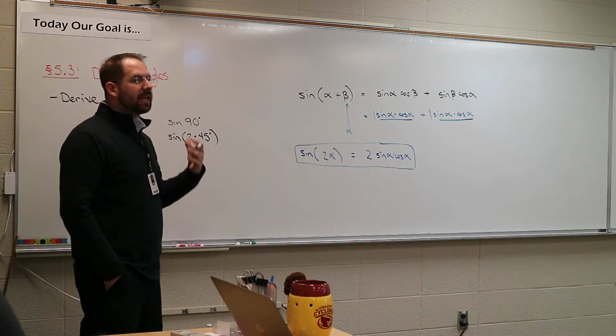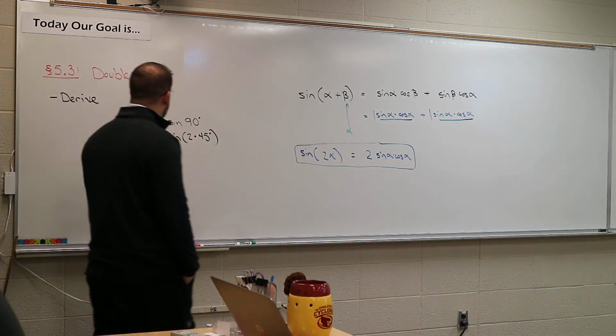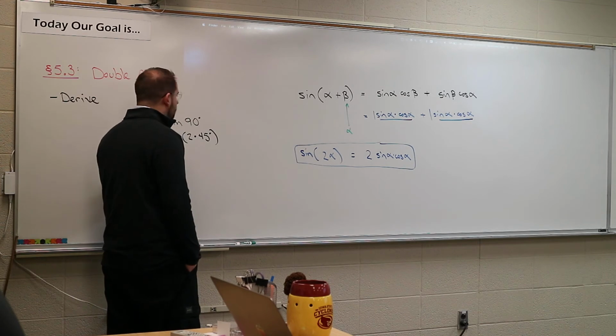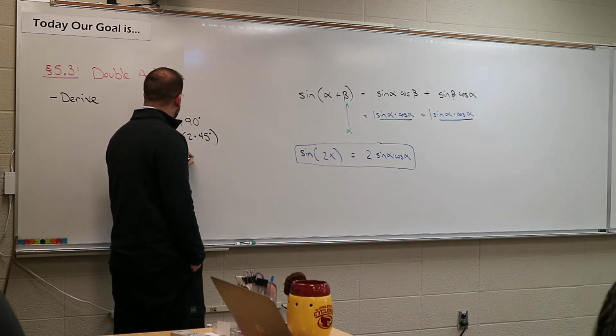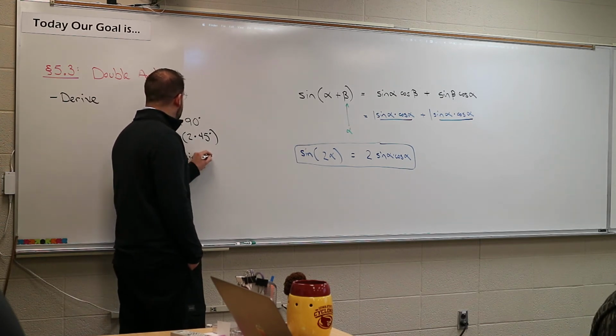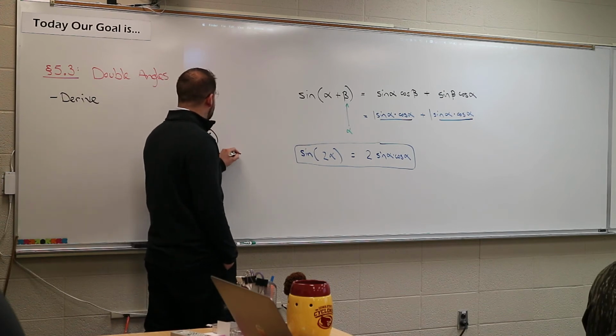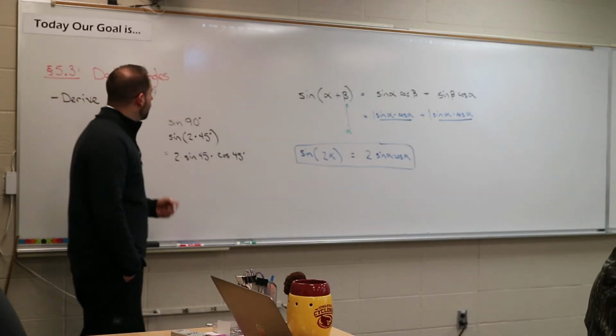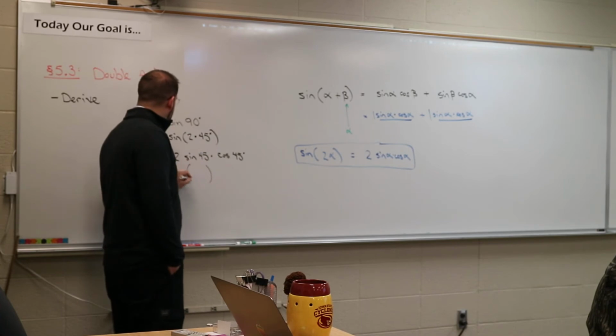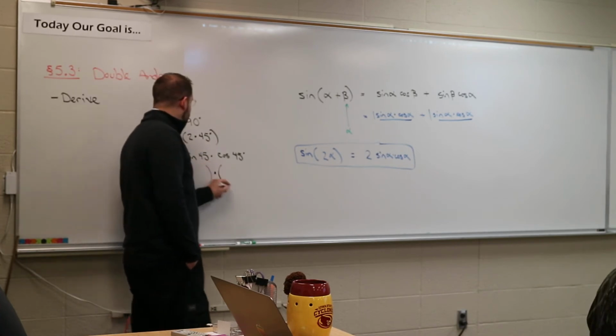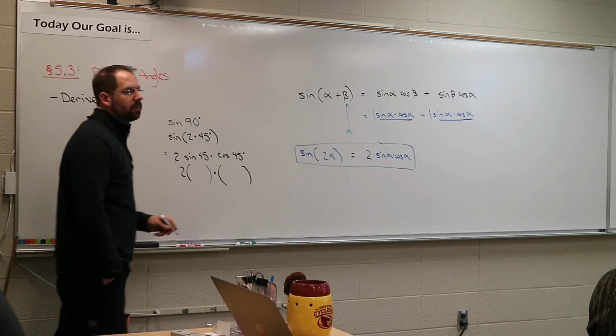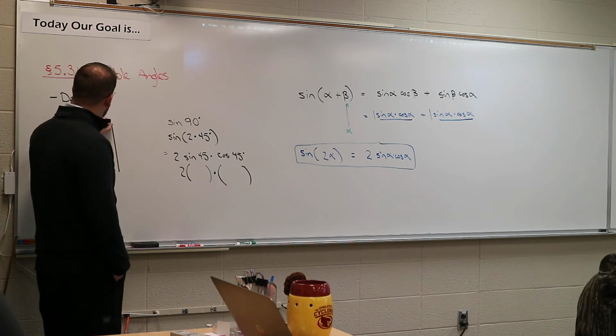And we can actually use this formula to solve. This is 2 sine of 45 times cosine of 45, because it's a double angle formula. We have to use a 45, 45, 90 triangle.